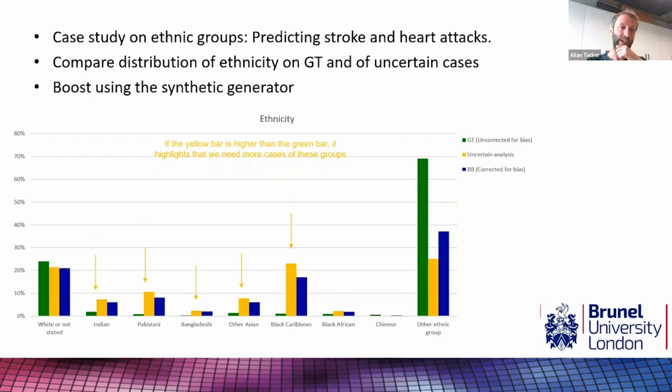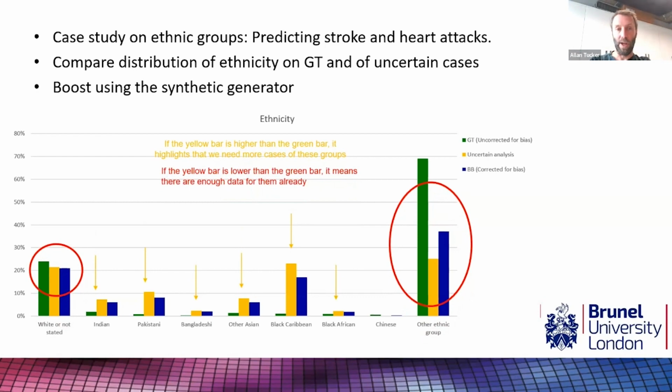You can see those in yellow. Now, what we do is say that if the distribution for an ethnicity is higher than the ground truth distribution, then it means we actually need more cases of that particular ethnicity. So we need to boost those cases.